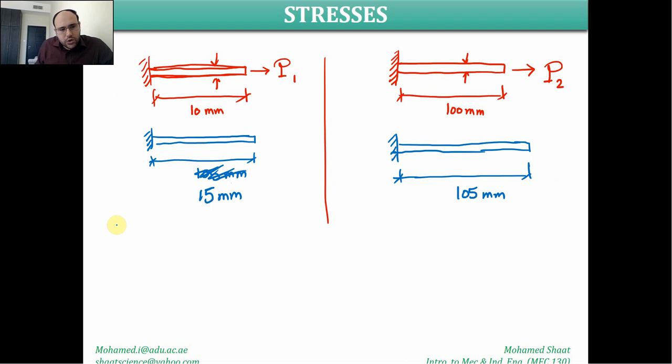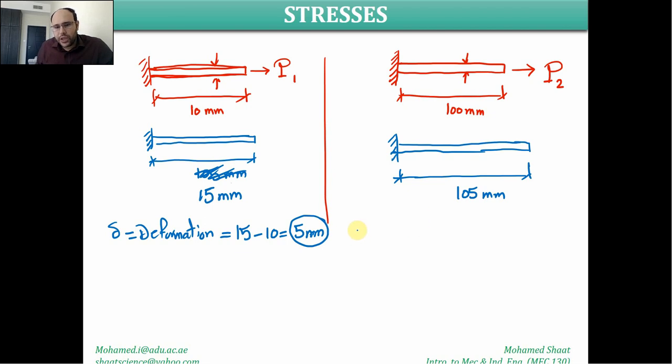If I ask you to calculate the delta, which is a measure of deformation, the deformation should equal the new length, which is 15, minus the original length, which is 10. This gives us 5 millimeters of elongation.